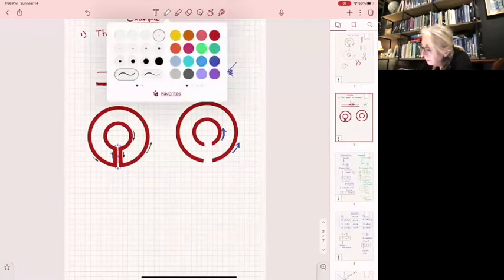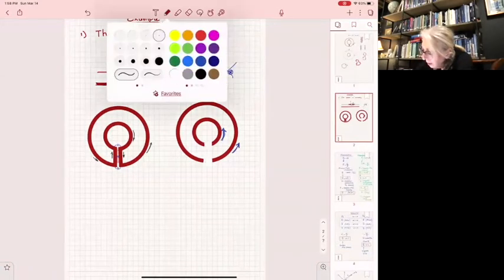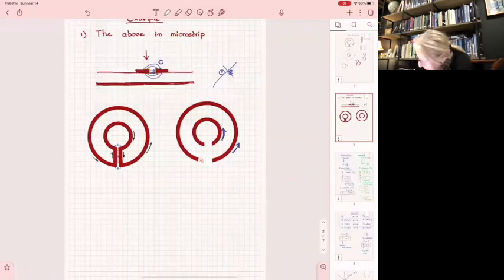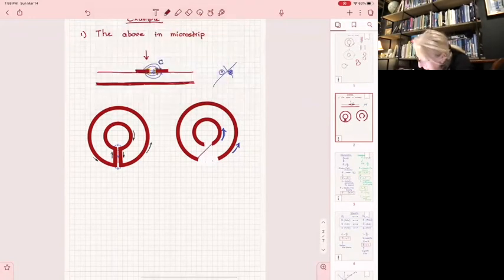So look at what I'm doing in design. I'm starting here a little further out, a little further out here, and then I go from here there.